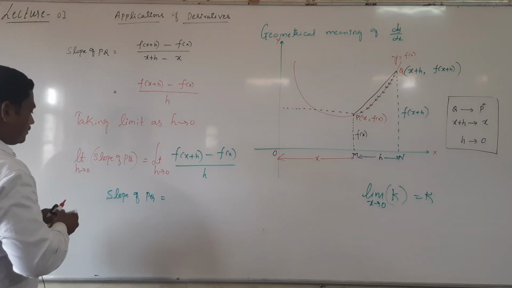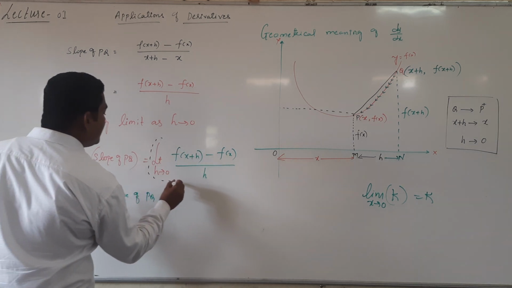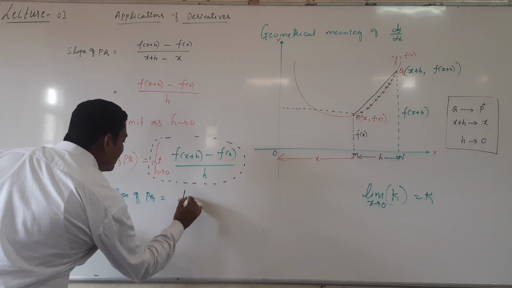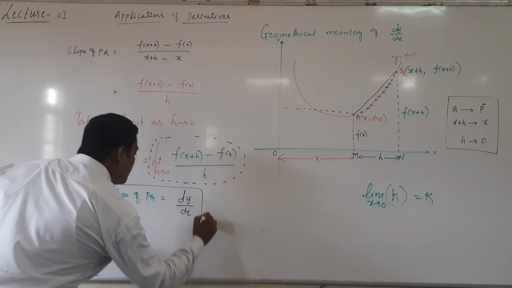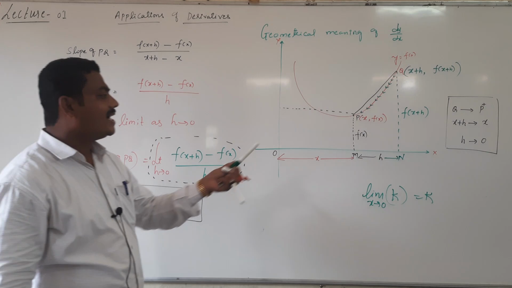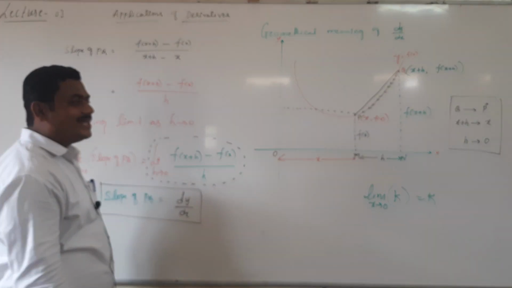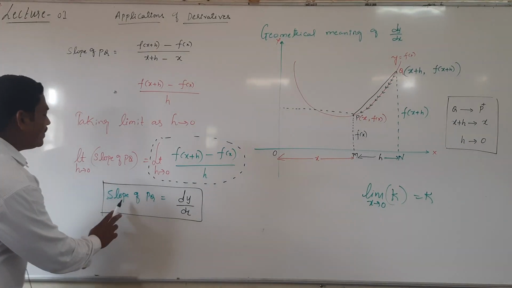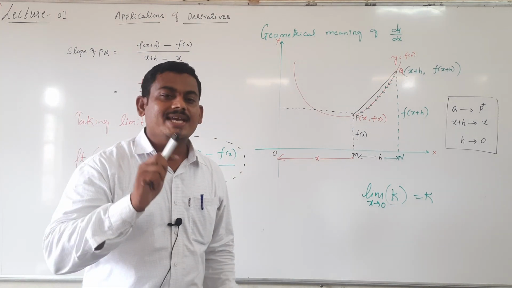Instead of that limit, I will take dy by dx. This means the slope of PQ is nothing but dy by dx at P only. That is, the slope of the tangent line, since PQ is nothing but the tangent only. The slope of the tangent line at a point is nothing but dy by dx. Dy by dx means slope.